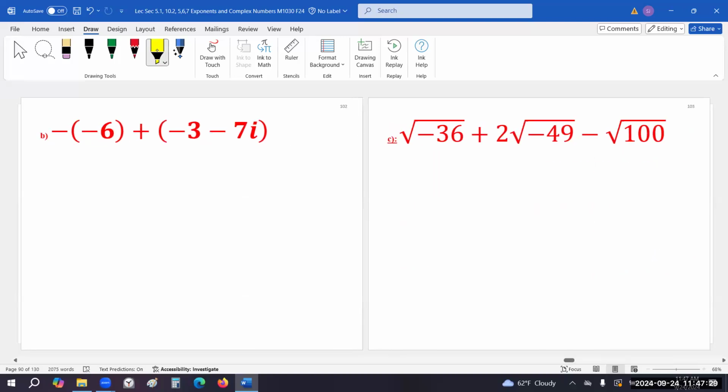Multiplying, dividing, simplifying, 3 things left.